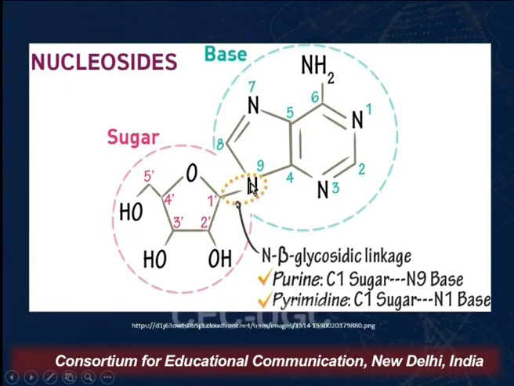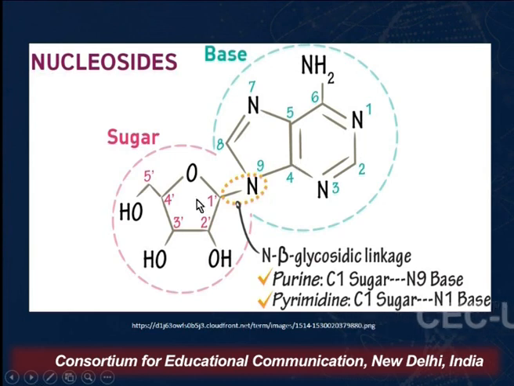I'll repeat that this molecule has beta configuration here, so we call it a beta glycosidic linkage, and the bond is between carbon and nitrogen, therefore we call it an N-beta glycosidic linkage.